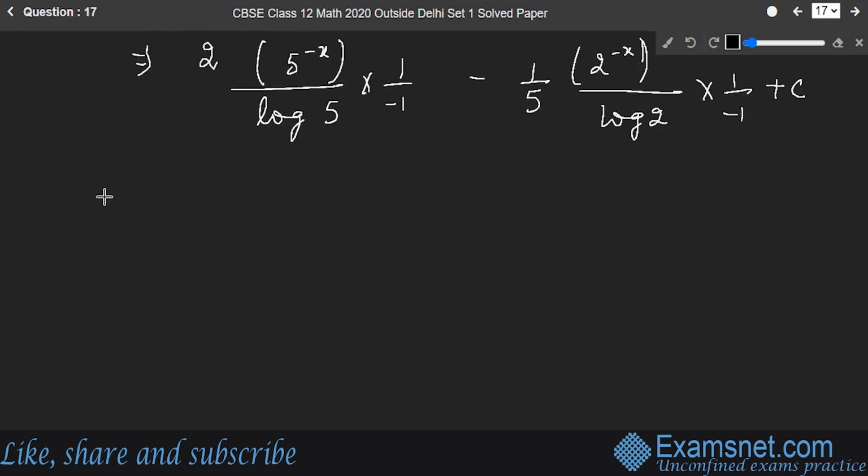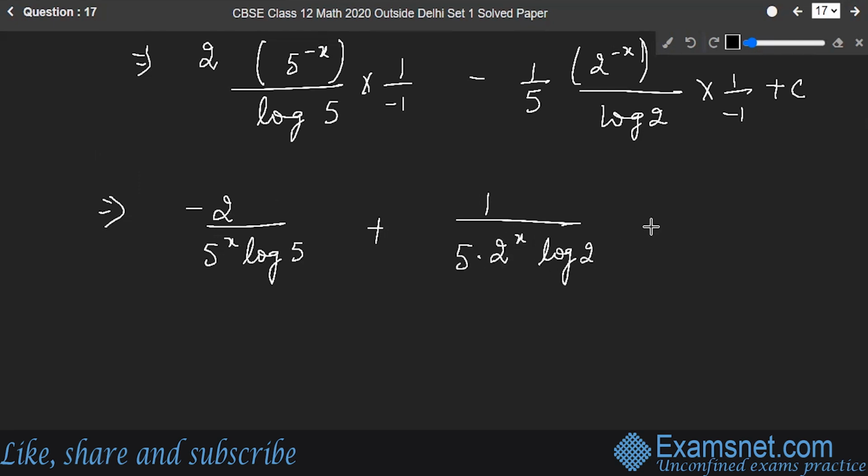So this makes it minus 2 upon 5^x log 5 plus 1 upon 5 into 2^x log 2, plus c. So this is the answer to the question. Hope you got that. Next is question number 80.